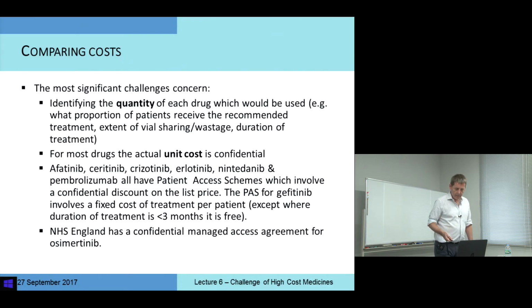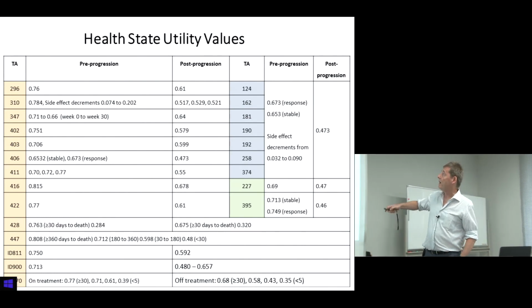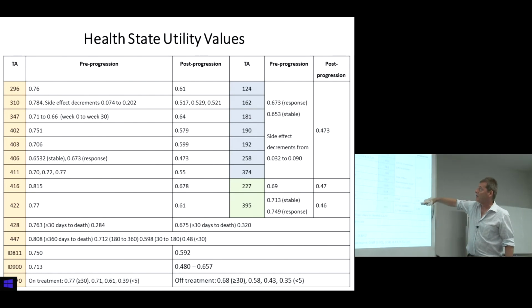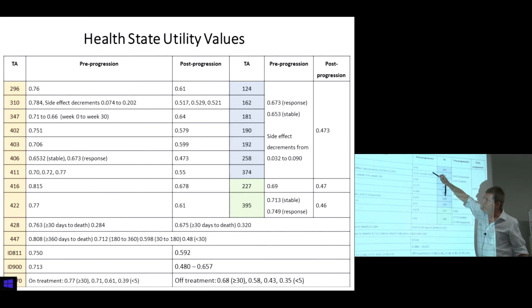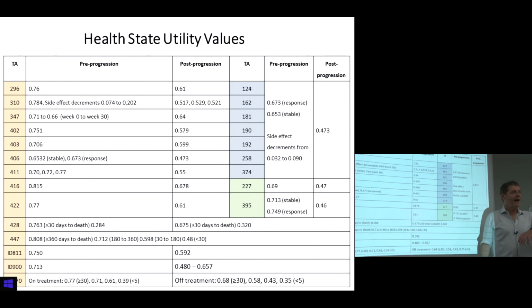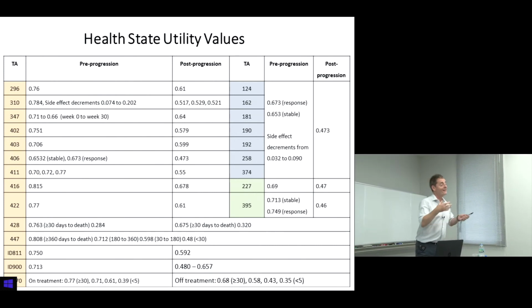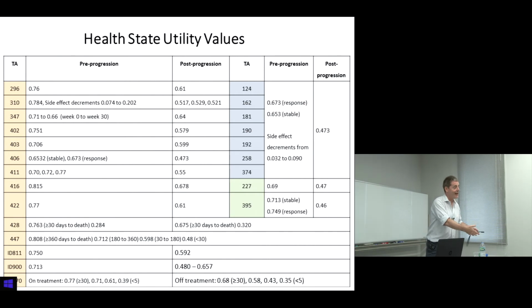Most trials stop collecting data when the patient progresses. So the estimate of the progressed health state post-progression frequently is collected at the last time, or if you like, the first time they decided progression had happened.